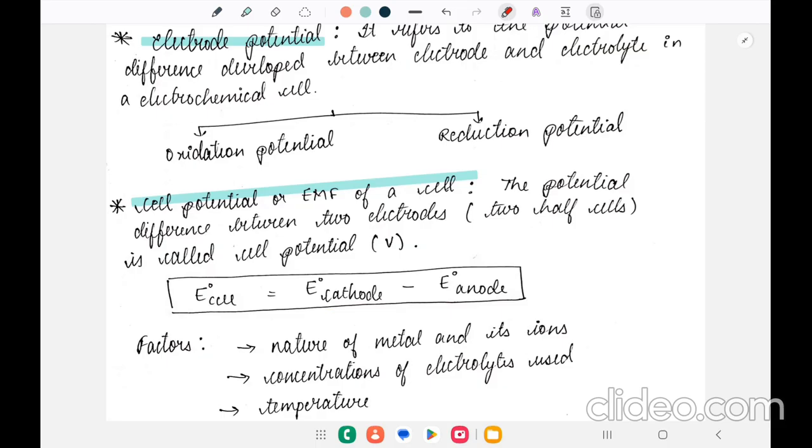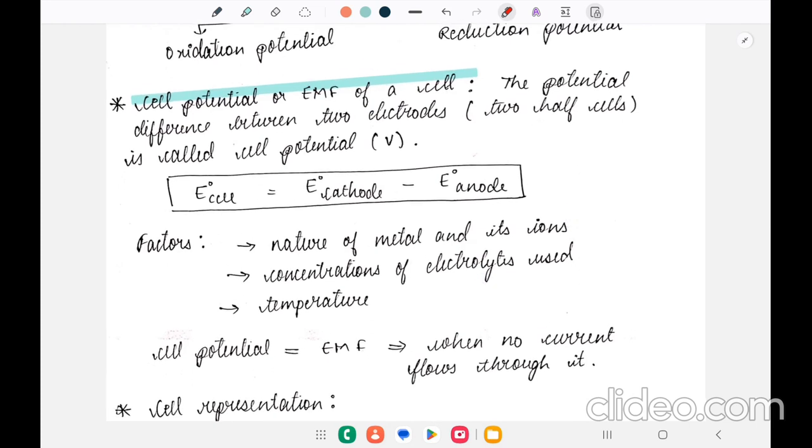So it is the difference between the standard reduction potential and the standard oxidation potential. That means we have the difference between the standard reduction potential of cathode and the standard reduction potential of anode, and it depends on the following factors, that is nature of the metal and its ions, concentration of electrolytes used, and the heat which is provided.